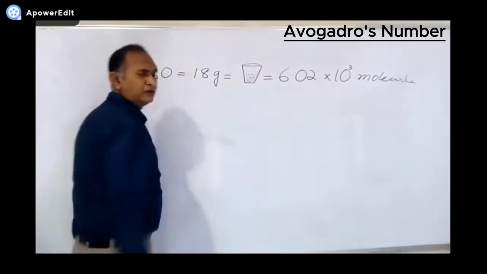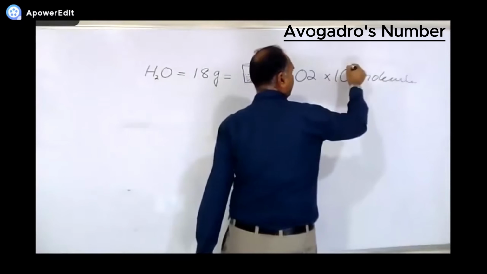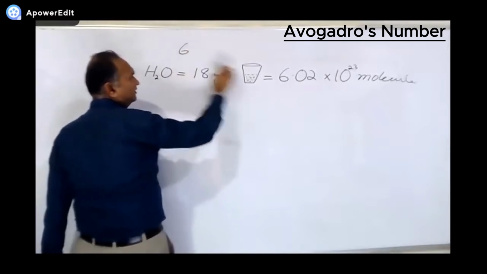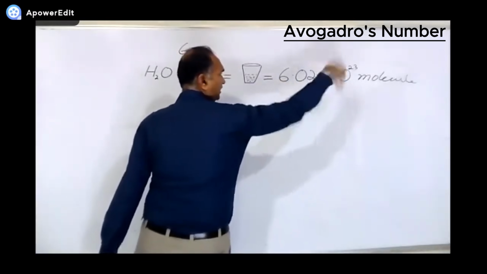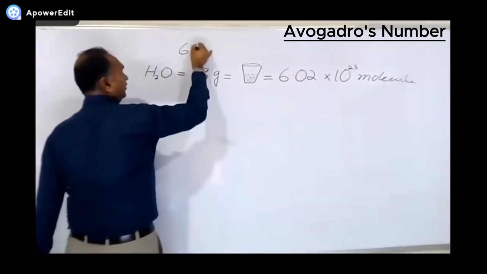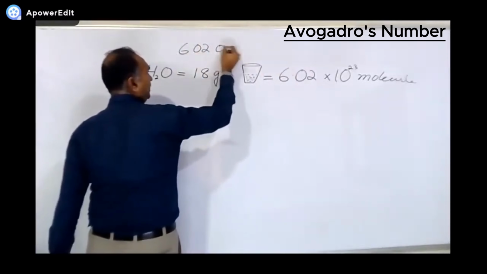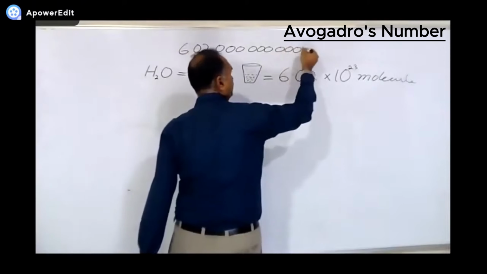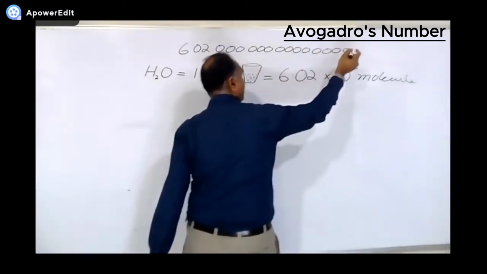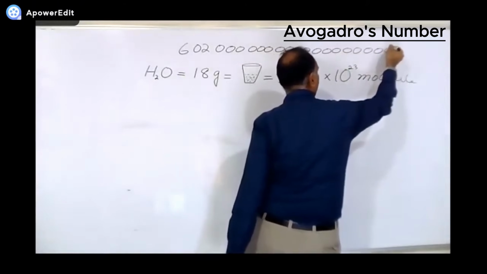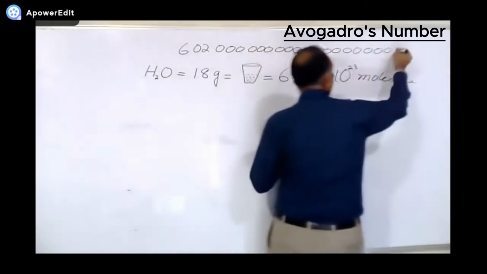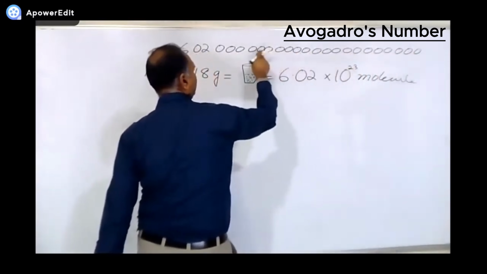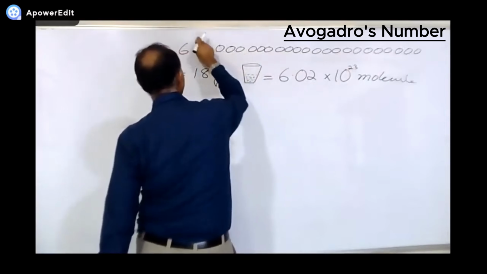What is this 6.02 into 10 to the power 23? It means 23 zeros after the digits: 1, 2, 3, up to 23.